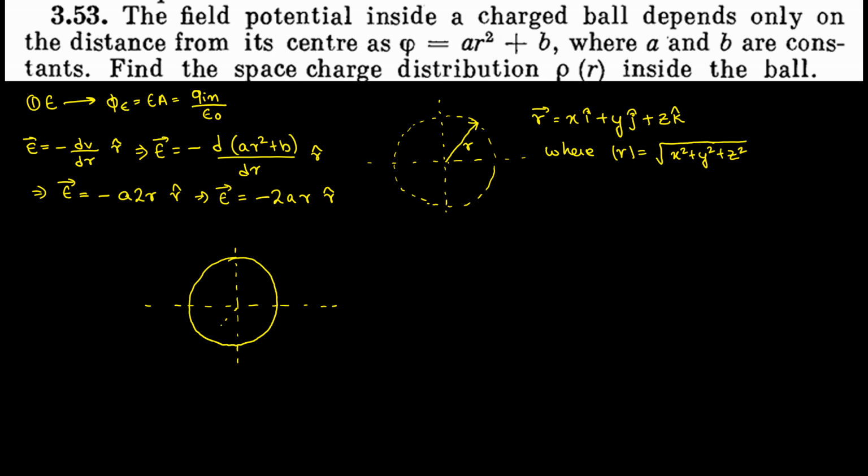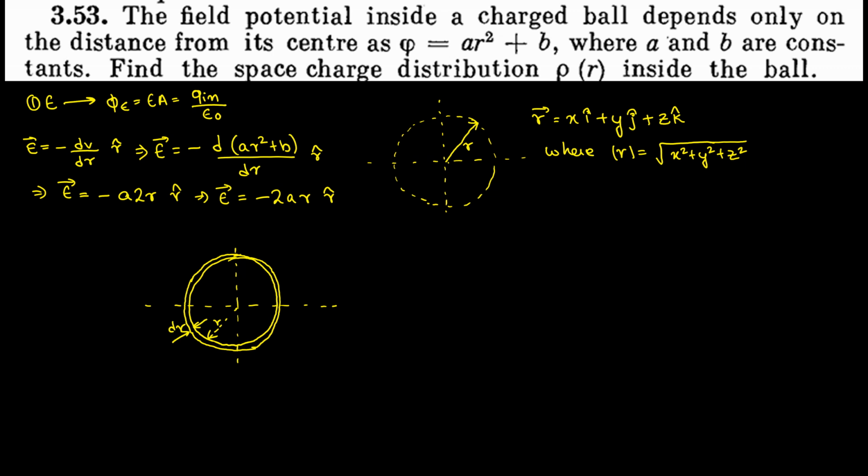So let's take an elemental shell of radius r and thickness dr. Now the charge contained inside this sphere will give us the value of the electric field, isn't it?